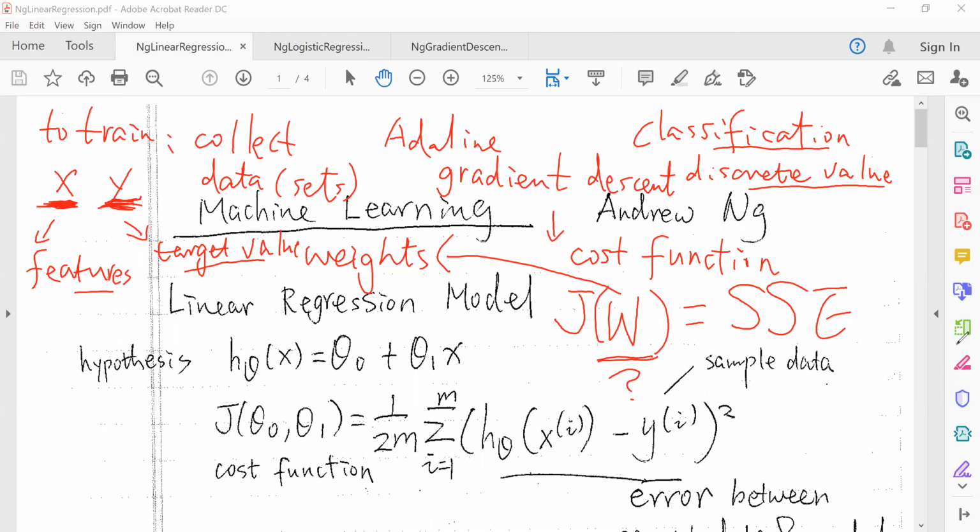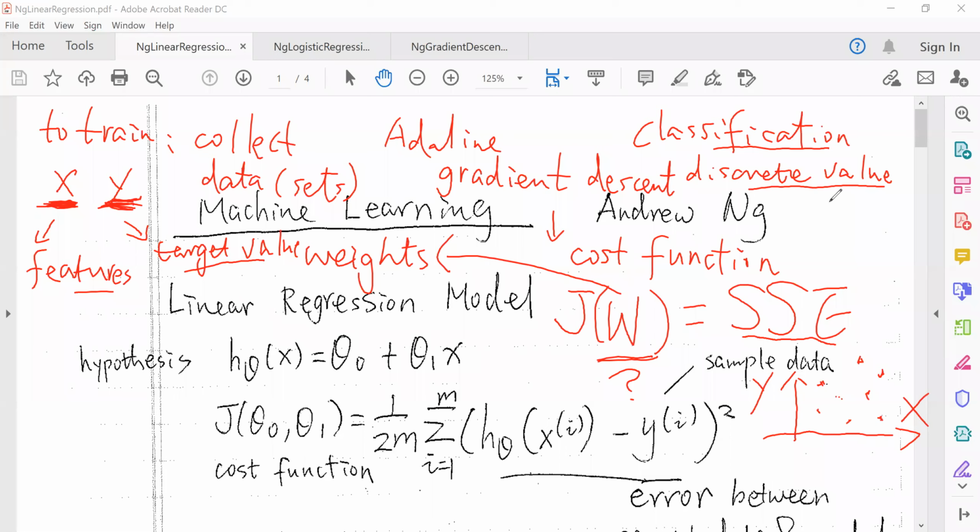Then regarding the sum of the square of error, what is that? Do you still remember? If I draw this, I have a lot of dots. Here is X, here is Y. What do the dots represent?